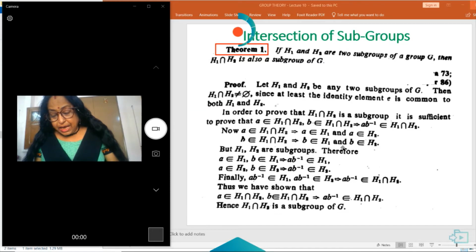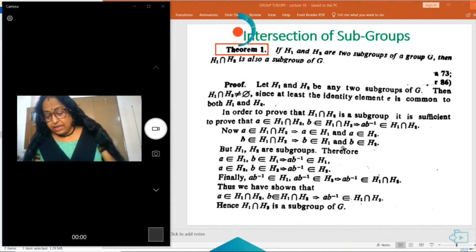In order to prove that H1 intersection H2 is a subgroup, it is sufficient to prove that A belongs to H1 intersection H2 and B belongs to H1 intersection H2 implies AB inverse belongs to H1 intersection H2.